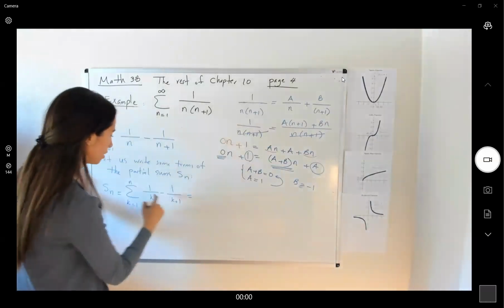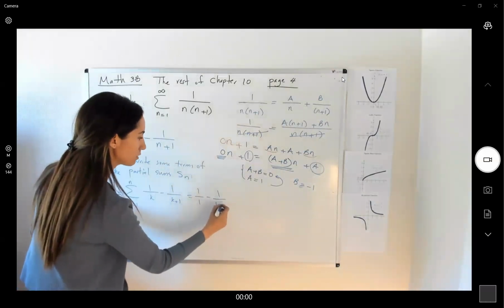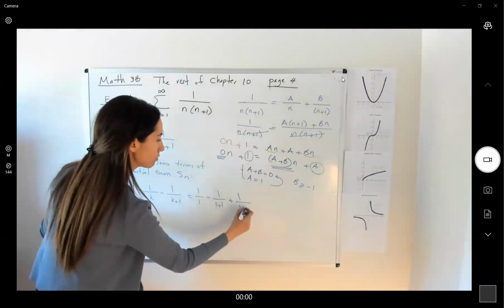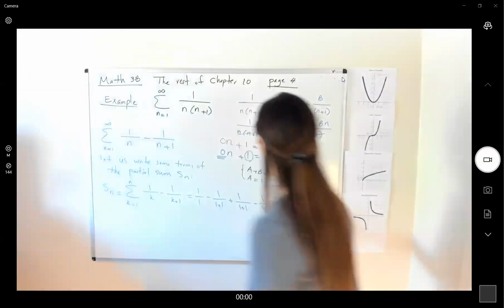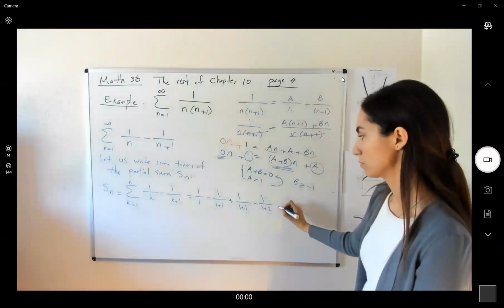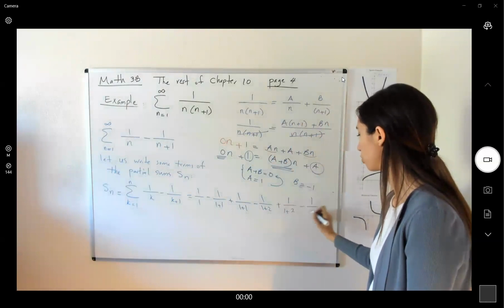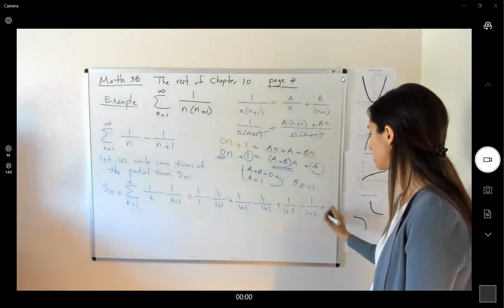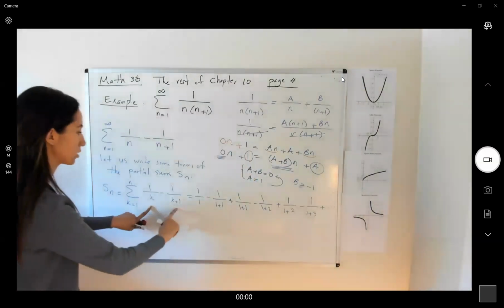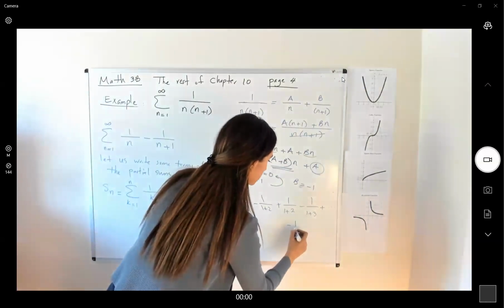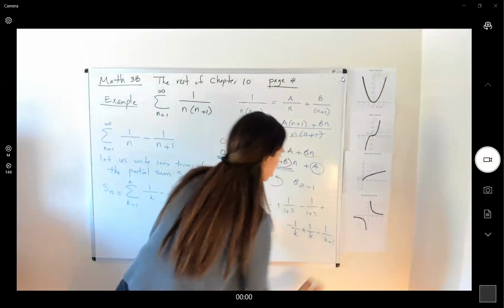So here, if you plug in 1, you get 1 over 1 minus 1 over 1 plus 1, plus 1 over 1 plus 1 minus 1 over 1 plus 2, plus 1 over 1 plus 2 minus 1 over 1 plus 3 and so on. And the last two terms, negative 1 over k plus 1 over k minus 1 over k plus 1.